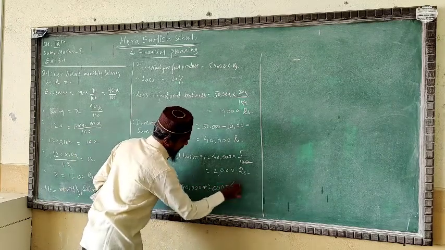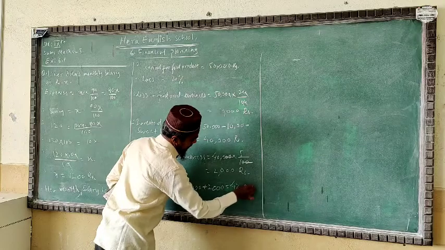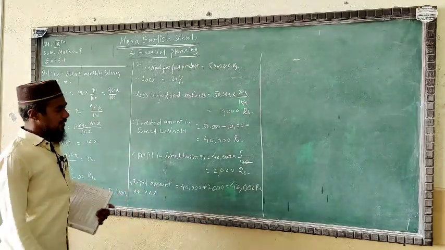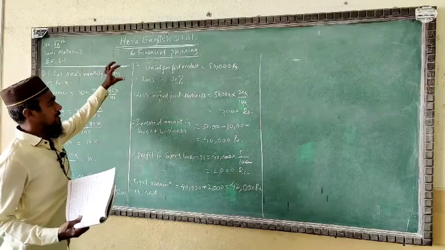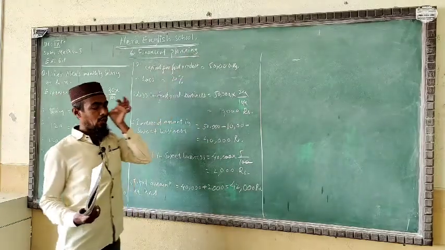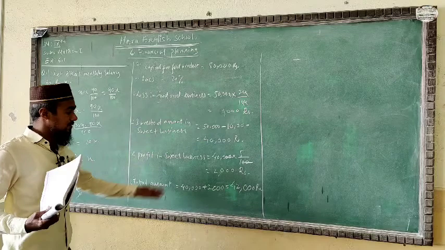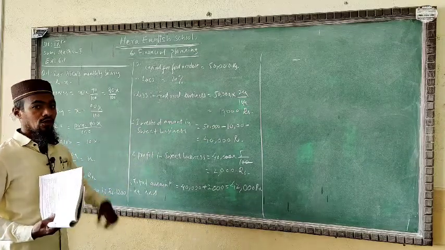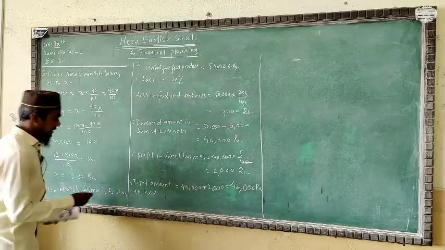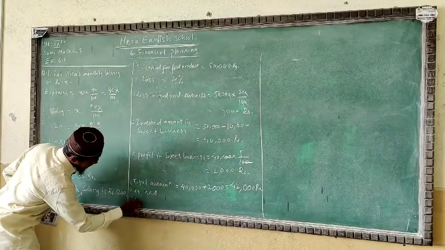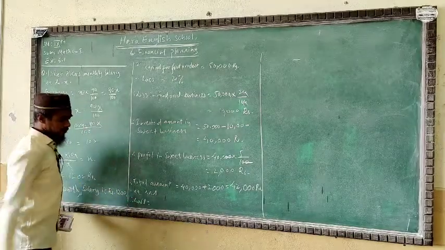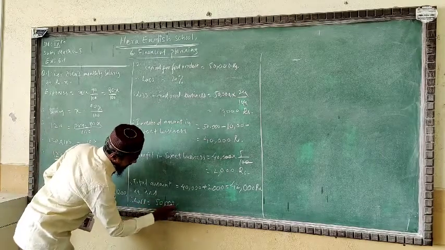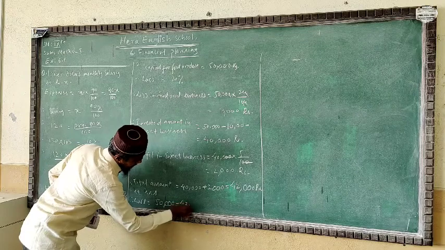Now he has 42,000 rupees in hand, but he firstly brought the capital of 50,000 rupees. Now I think 42,000 is less than 50,000. How much less? 8,000. He made a loss of 8,000. So we'll write here loss is equal to 50,000 minus 42,000.